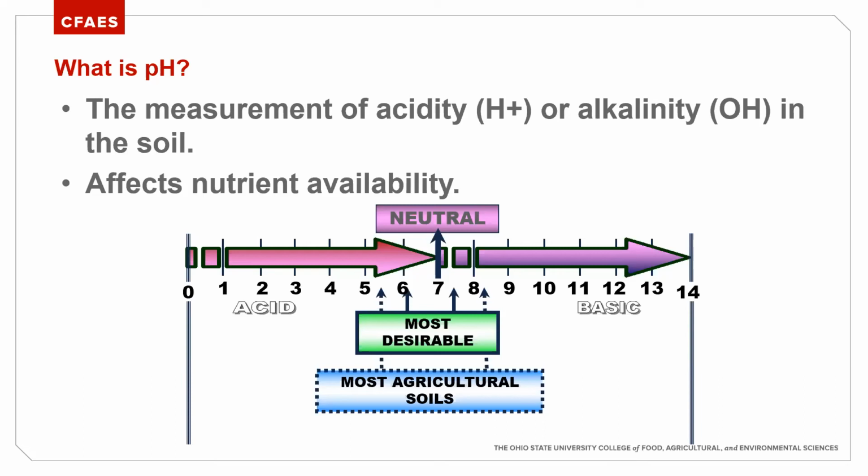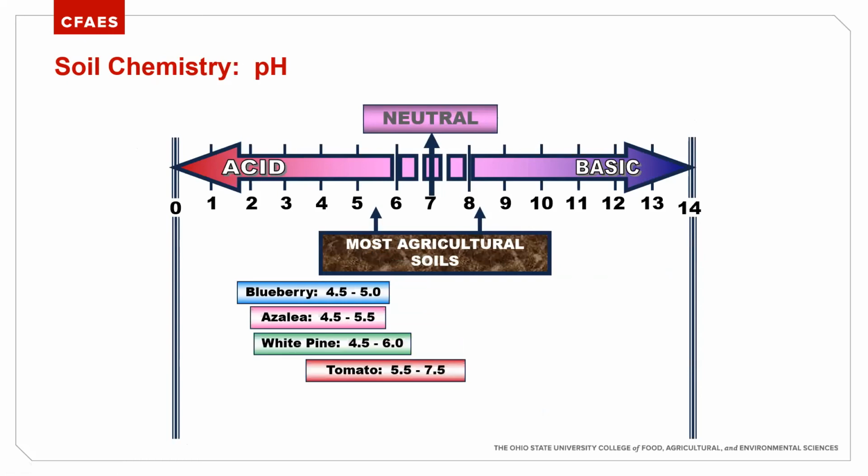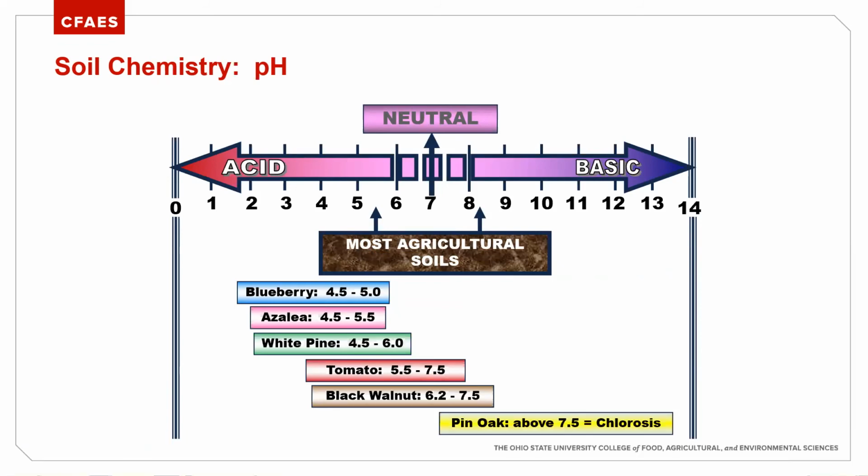Next slide, please. When we have soil pH, we have neutral. Here's an example of some plants you might be familiar with that grow at different pHs. This is a big issue because some plants grow real well in certain conditions. On soil of 7.4, you couldn't grow blueberries.